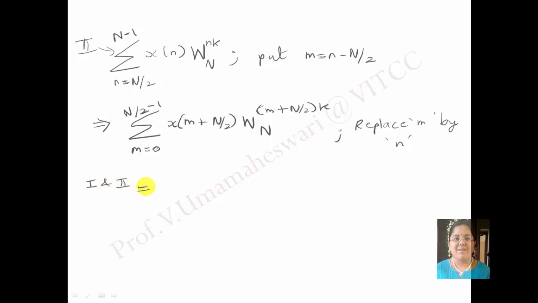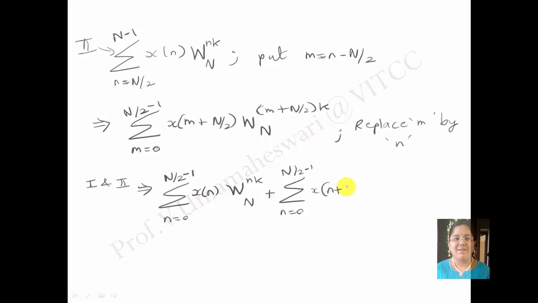So I'm going to write both the terms again. The first term will be as usual n equals 0 to N by 2 minus 1, x of n W_N to the power nk, plus again the limits are going to be n equals 0 to N by 2 minus 1, x of n plus N by 2, W_N to the power (n plus N by 2)k.